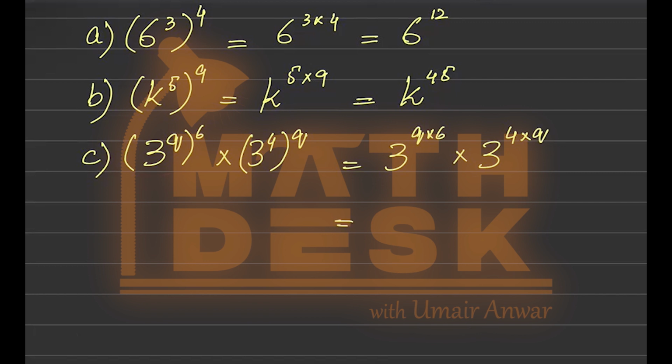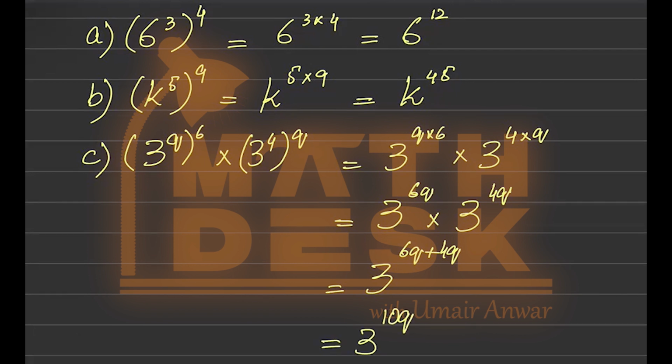So it would become 3 raised to 6q multiplied by 3 raised to 4q. So we have applied the third law of index over here. Now we will be applying the first law of indices over here. We have 2 same bases being multiplied with each other, so their indices would get added. It would become 3 raised to 6q plus 4q, and the final answer would be 3 raised to 10q.